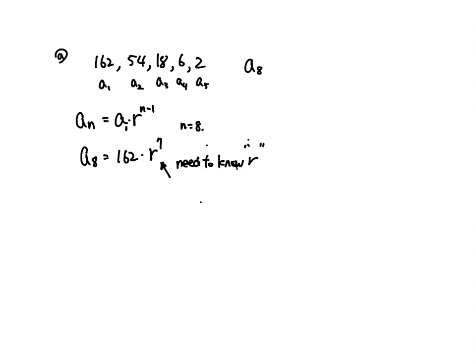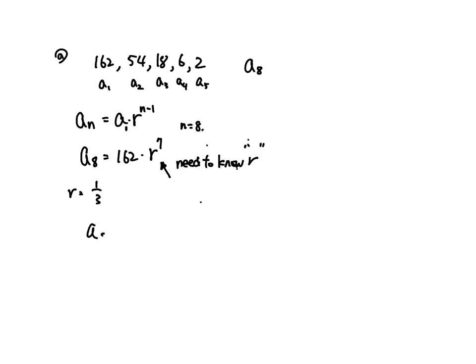So in this case, let's find the common ratio first. With the given terms here, we should be able to identify a common ratio relatively quickly. I think you can pretty much tell that the common ratio is 1/3. They're dividing by 3 each time.